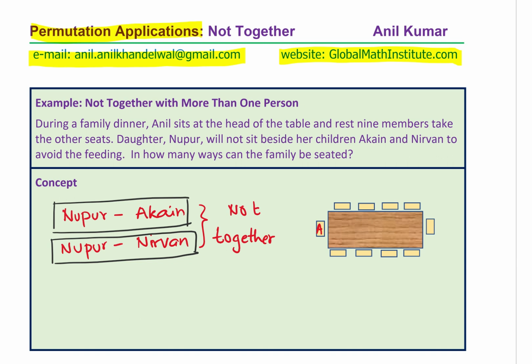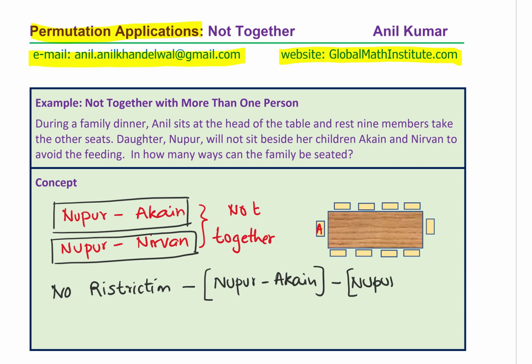So we could have combinations with no restrictions, take away Nupur Akain, take away Nupur Nirvan, right?